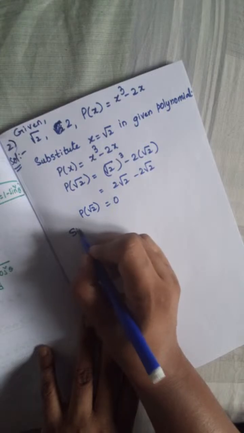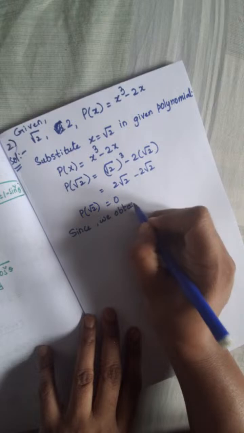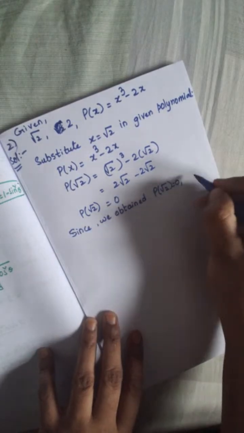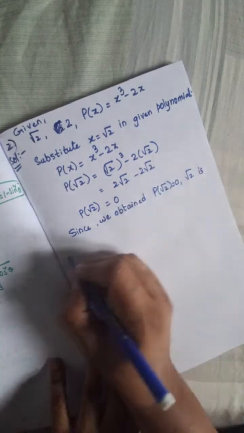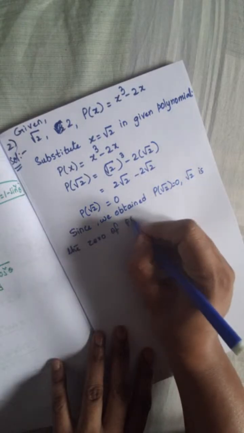Since we obtained p of root 2 equal to 0, root 2 is a zero of the polynomial p of x.